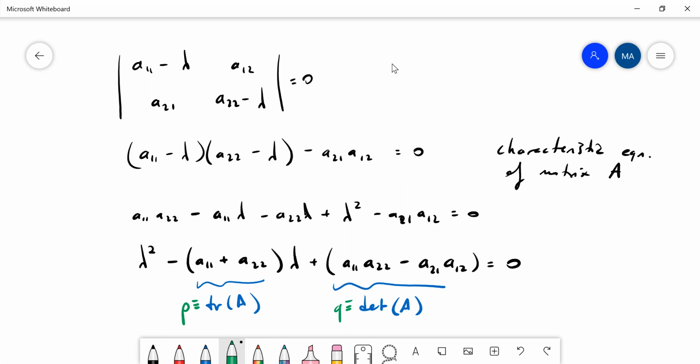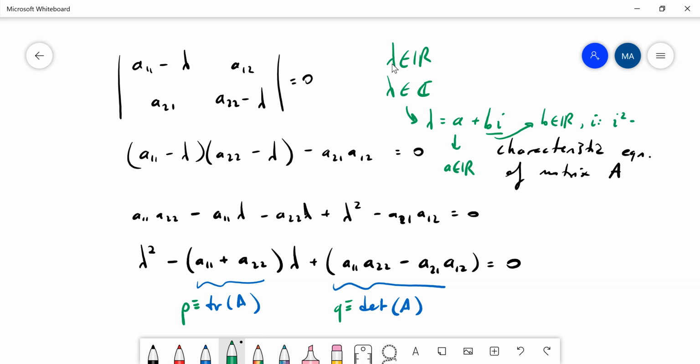And depending on these eigenvalues, realize that eigenvalues could be real numbers, they could be complex numbers. And a complex number, if you recall, has 2 parts. One is the real part, A, which is real, and the other is the imaginary part, B, where B is real and i is such that i squared is equal to -1.